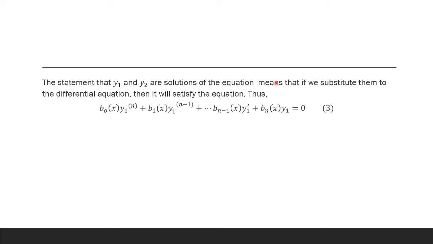And then, pangalanan natin siya na equation 3 para lang di natin makalimutan. And then, gawin din natin siya for y sub 2 naman. So, kung y sub 2 is a solution, then this also must be true. Now, itong dalawang equation na to ay true. Sabay natin ngayon siyang gagamitin sa pagsosolve ng ating differential equation.